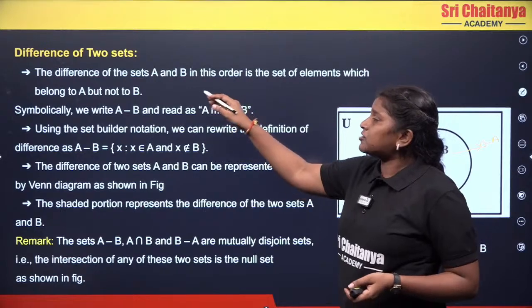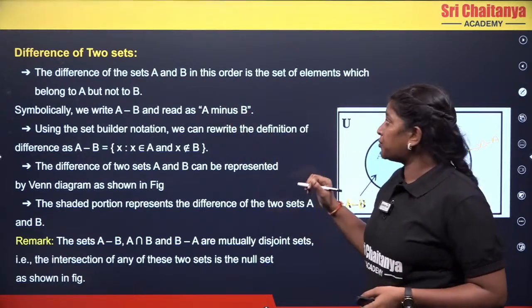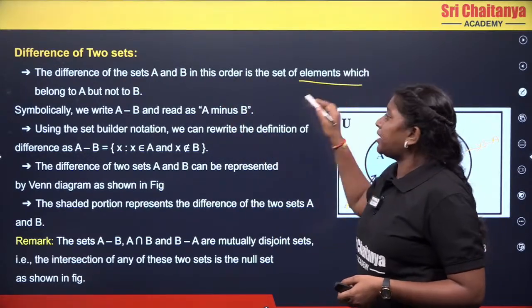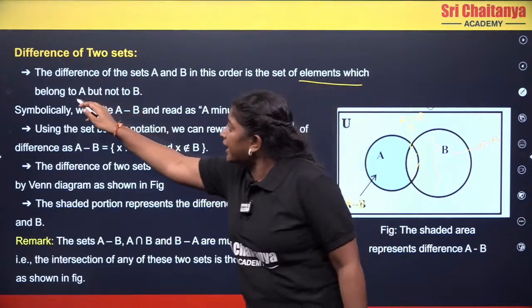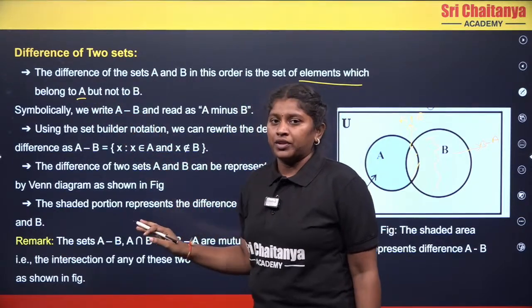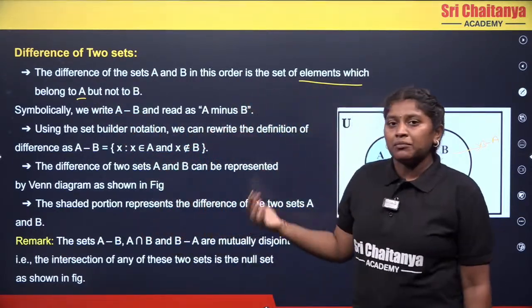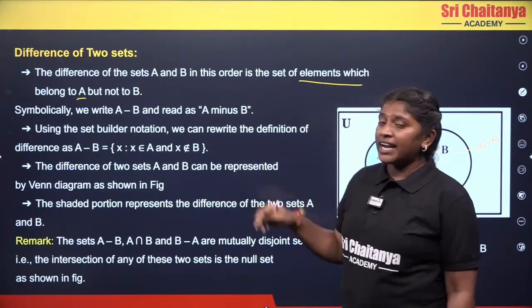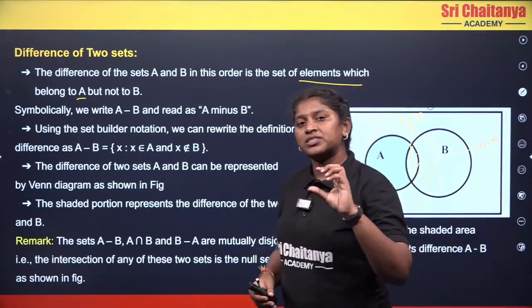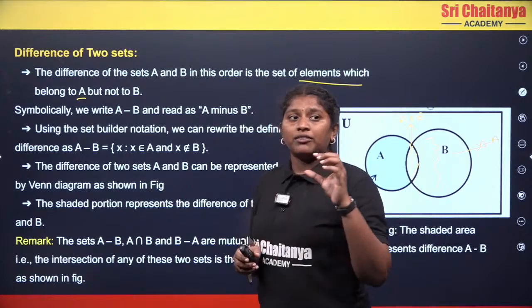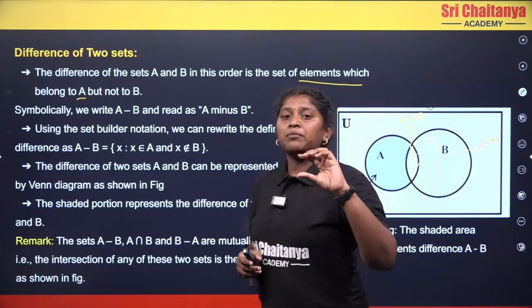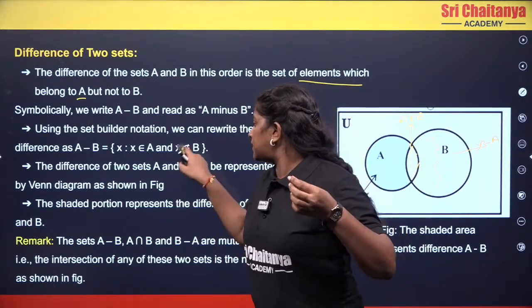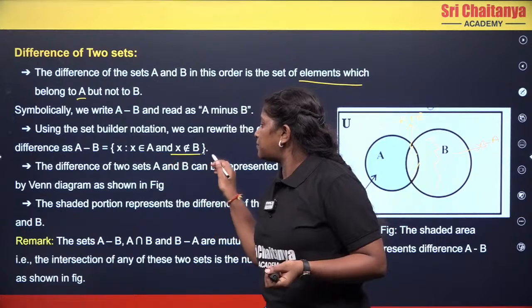Now the difference of the set A and B will give you the elements that belong to only set A but not to the B. Okay. And we can write them as A minus B, and you can read it as simply A minus B only. And how can we say that with the help of set builder form, whatever the elements we are having that belong to only set A but they don't belong to the set B.